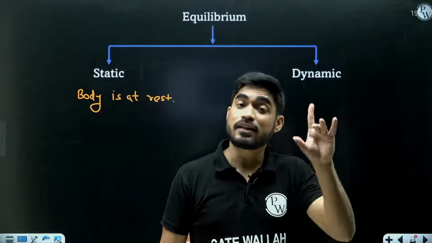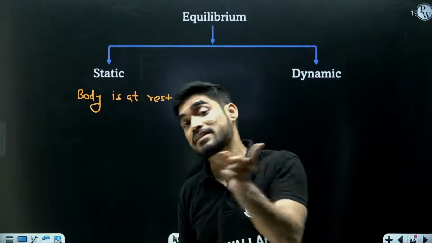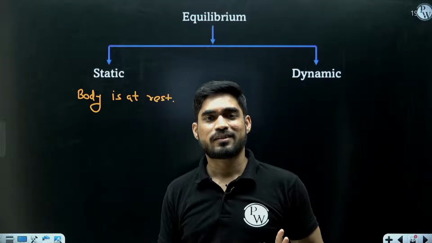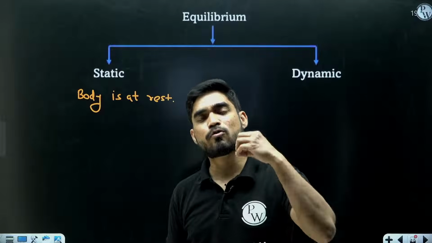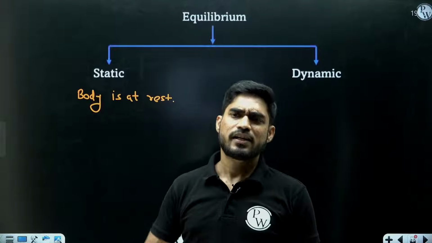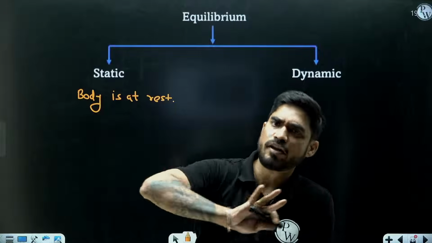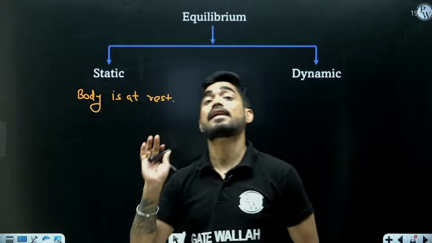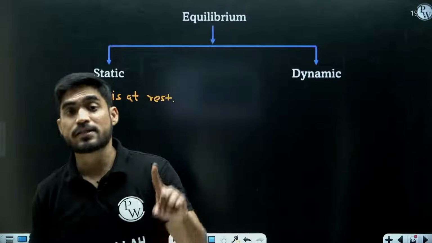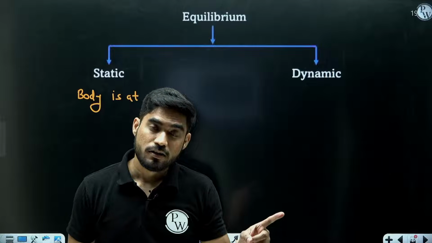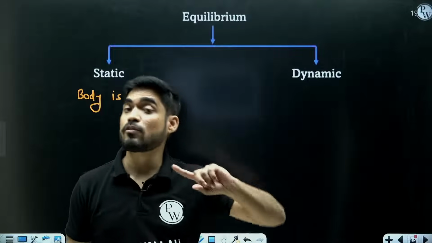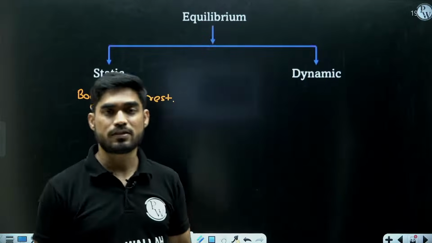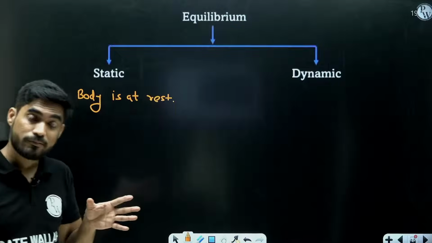It means it will move with constant velocity in the same direction. Let's say the body is moving at 10 km/h in x direction, it will keep on moving in x direction with 10 km/h. It will not accelerate. So net force is 0, there will be no acceleration, there will be no change in velocity, but the body can move with constant velocity in the same direction.